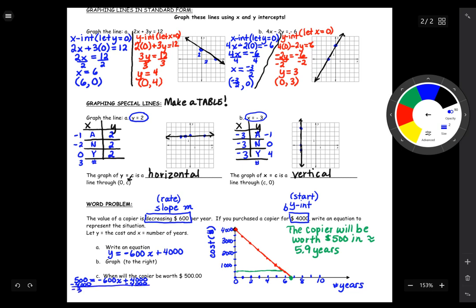It's negative 3,500 equals negative 600x. Divide by negative 600. I did the math ahead of time, but if you put that in you can take off these last zeros. So negative 35 divided by negative 6 is positive. Since it's real life, you can use decimals. It's about 5.83. And that's close to our 5.9 years. And some people might read it as 5.8, and it depends on how you draw your line.